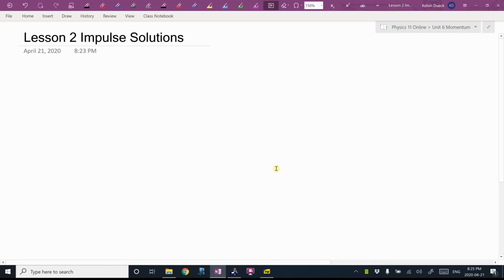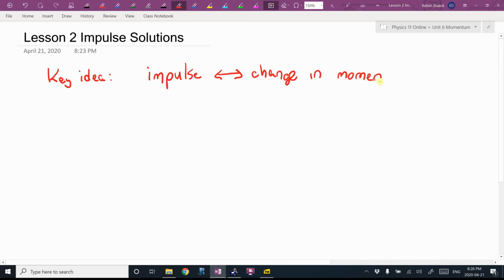All right, let's look at the Lesson 2 homework. Just a reminder, the key idea we're talking about here, and you can see this in the equation on your formula sheet, is that impulse is the same thing as change in momentum.